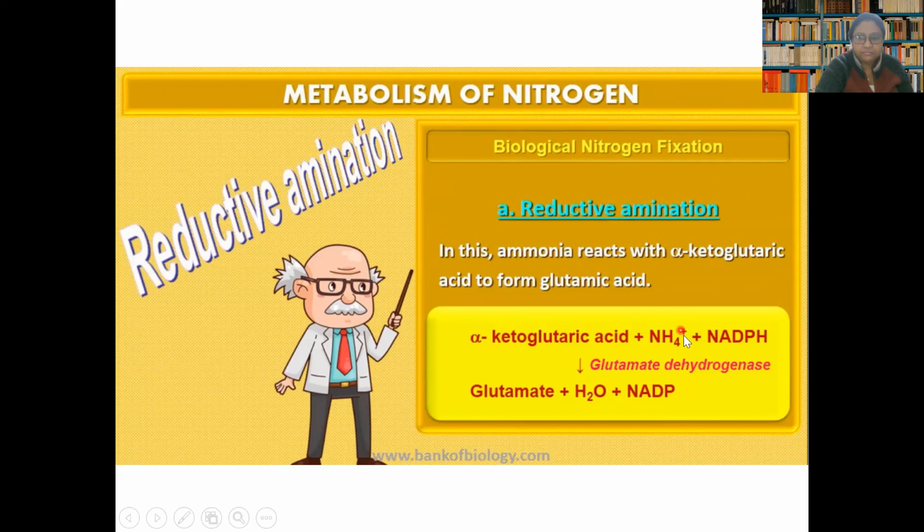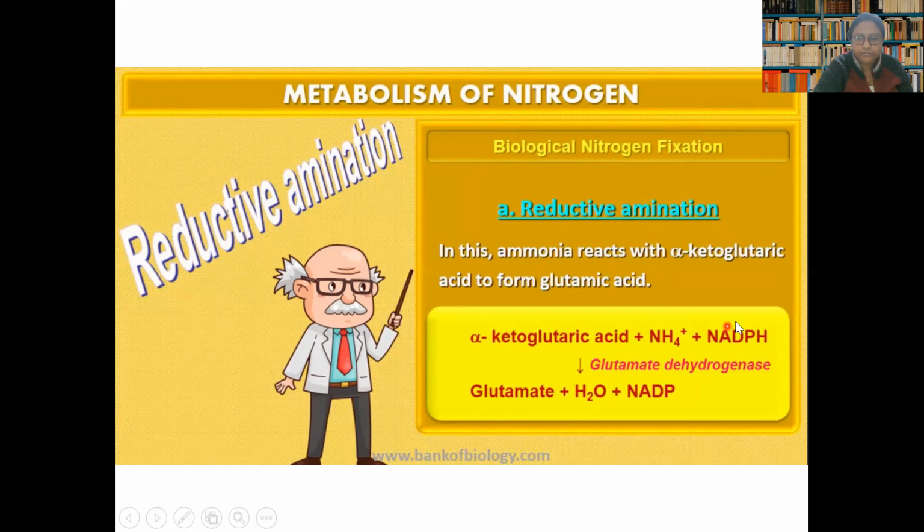With ammonia, and in the presence of NADPH, the full form of NADPH is nicotinamide adenine dinucleotide phosphate, and this H stands for the hydrogen ion, alpha ketoglutaric acid is formed into an amino acid called glutamate in the presence of the glutamate dehydrogenase enzyme.